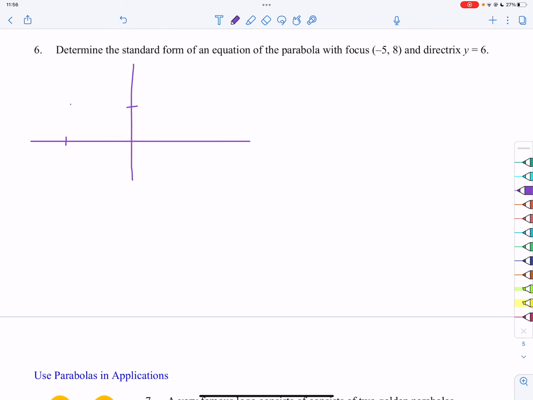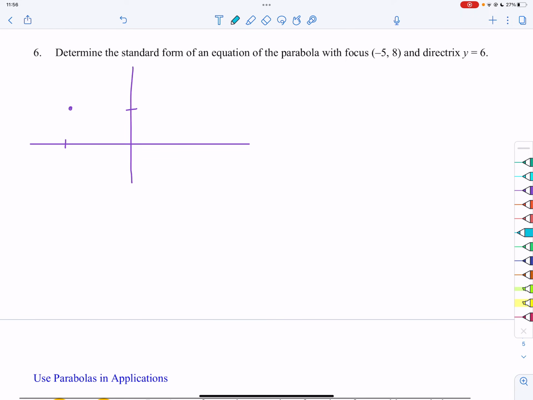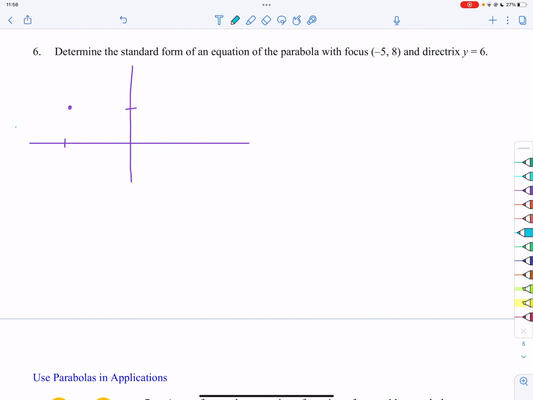You can see the focus here, and then we have the directrix as y equals 6. And of course, this is 8 here, and that's 6.